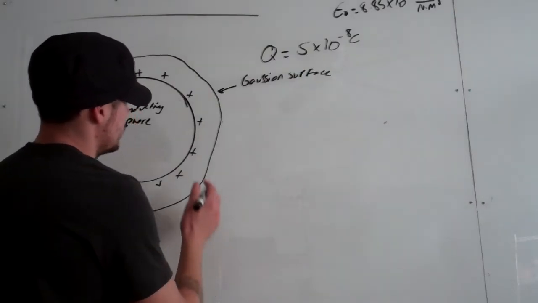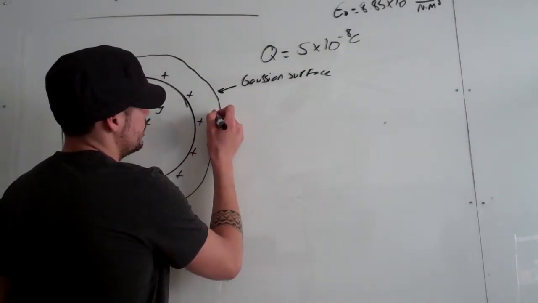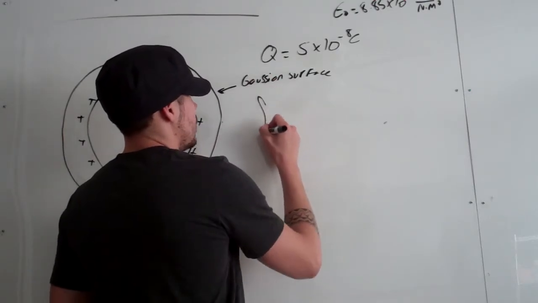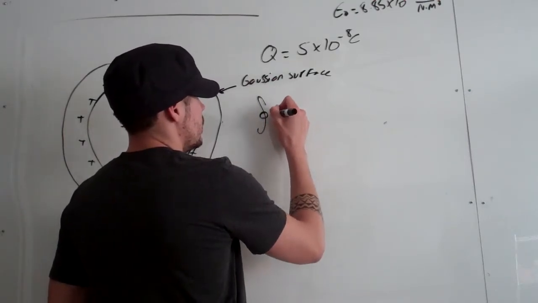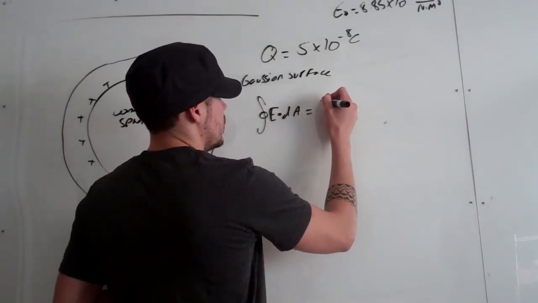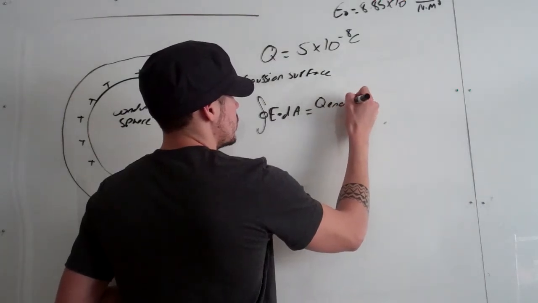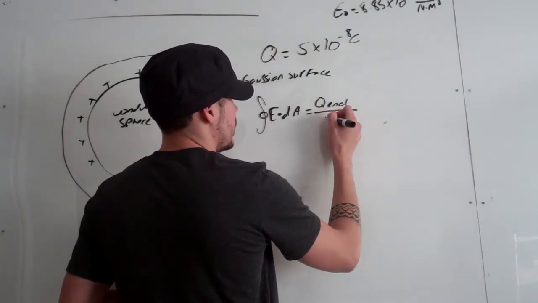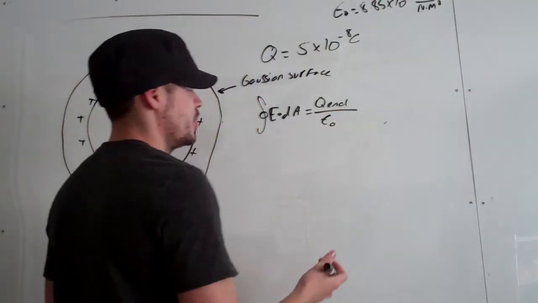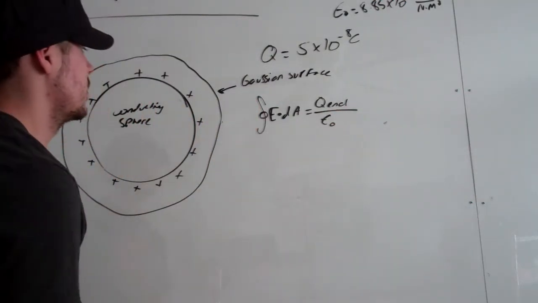Now we're drawing it so that, actually, let me write out the equation. Here's Gauss's law. The closed integral of E dot dA is equal to Q enclosed divided by epsilon naught, which is the permittivity of free space.